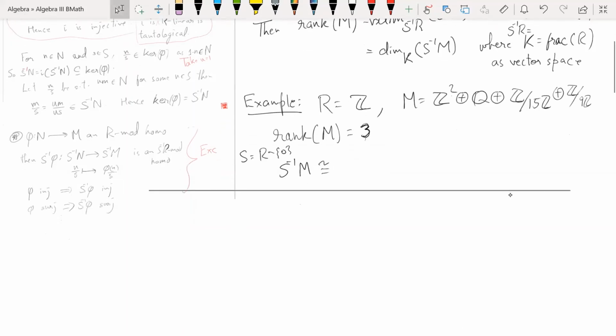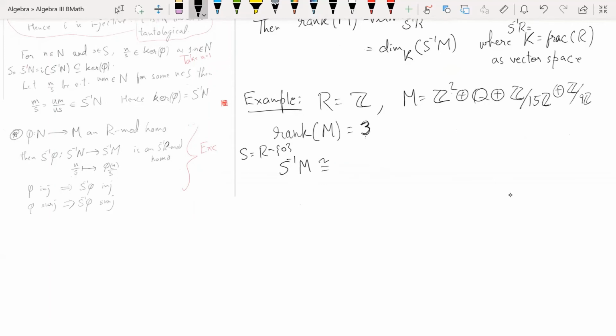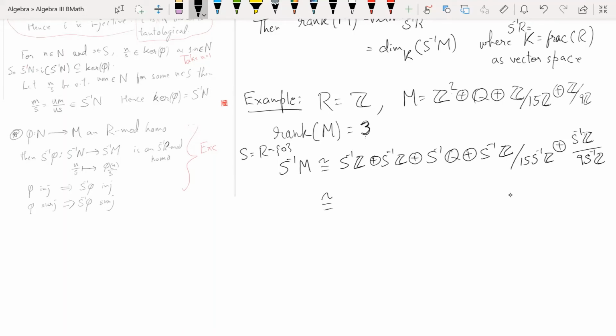So one should think Z square means Z plus Z. So this is S inverse Z plus S inverse Z plus S inverse Q plus S inverse Z mod 15 plus S inverse Z mod 9, by the results which we just proved.